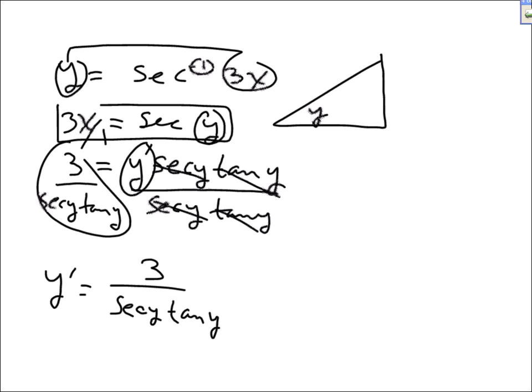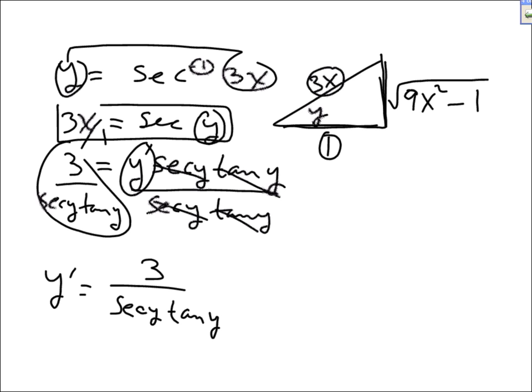Secant is hypotenuse divided by adjacent. The third side should just be very routine, as long as it's one of the legs. It's this squared, 3 squared times x squared minus 1 squared.